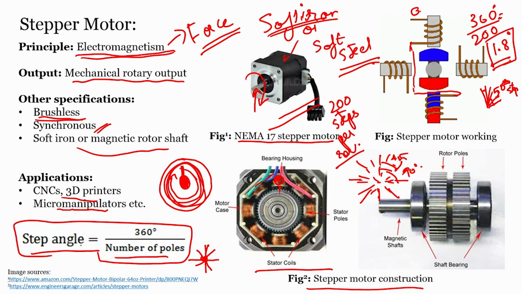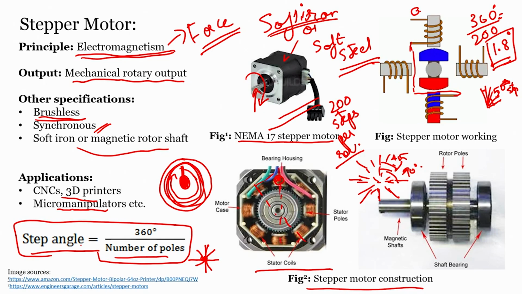Now, there is another method that we do electronically. So, this is the constructional aspect of the stepper motor. We may not be using it exactly like this. We could also use it in some other way by electronically controlling it. So what we do is we pass current through two different stator coils at once, by which there will be a magnetic field in this direction as well as a magnetic field in this direction.